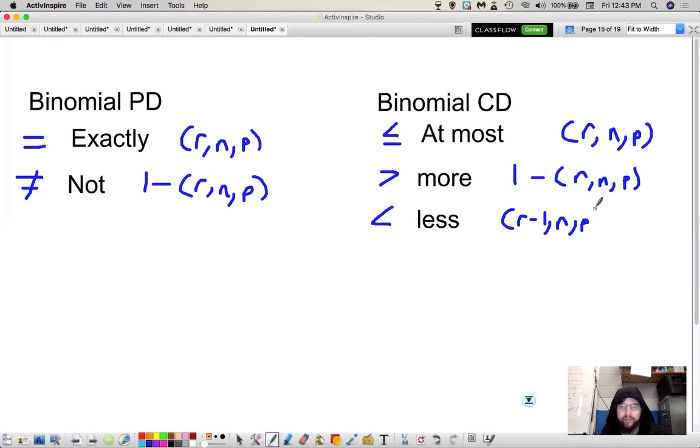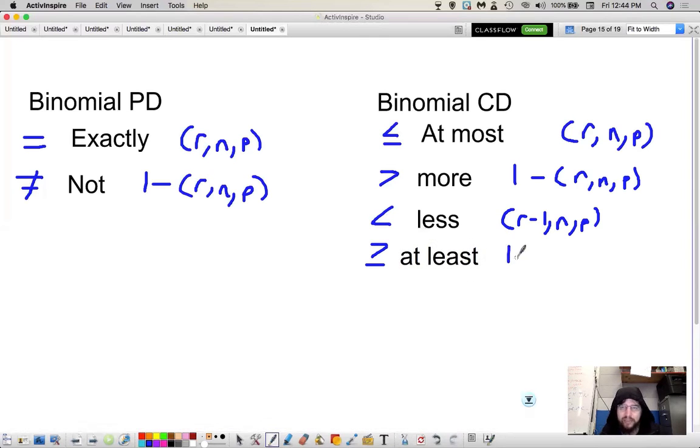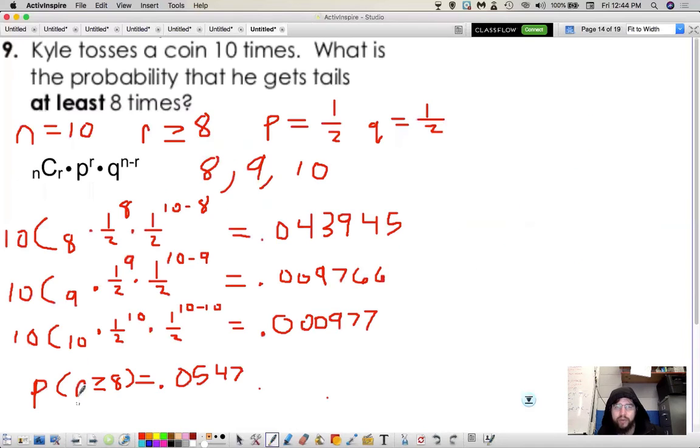N and P. And then the complement of less than is greater than or equal to, which is what we have on this previous problem, at least. So we're going to do 1 minus the answer we get from this, R minus 1, N, and P. I know this looks like a lot to remember, but it does save you from doing all this work and most likely making an error somewhere.